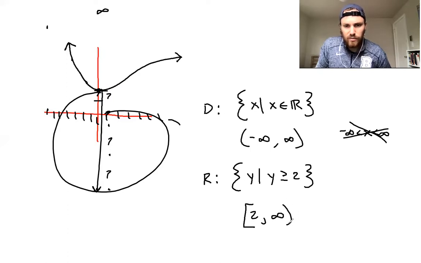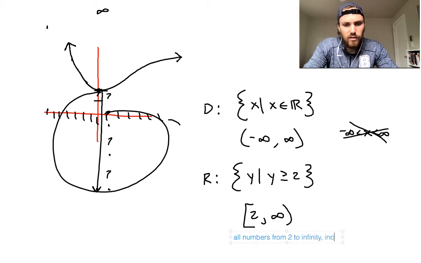So we've got to basically put a parenthesis there. So if I were to read this bottom one, I would say everything, or maybe all numbers from 2 to infinity, including 2 itself, or something like that.